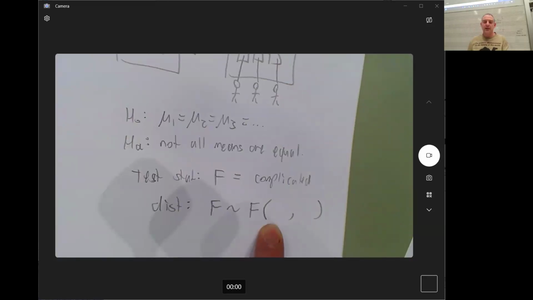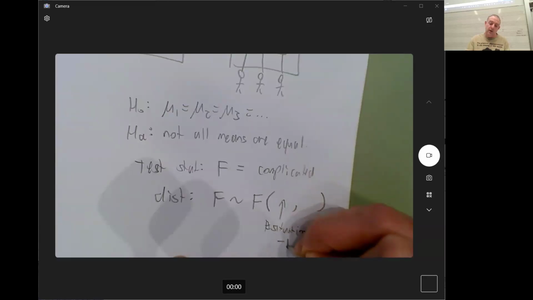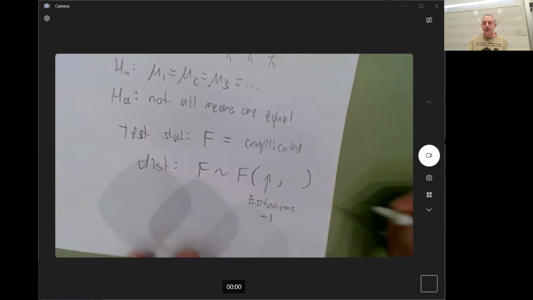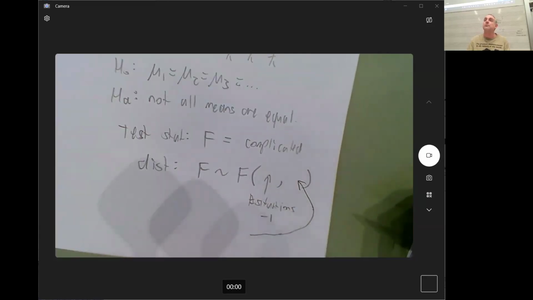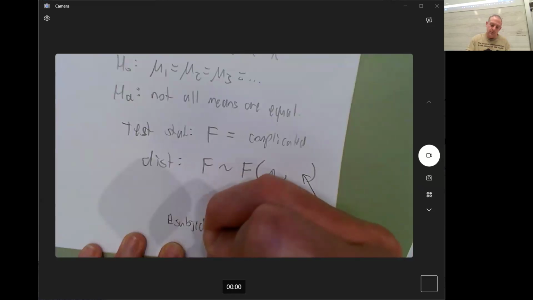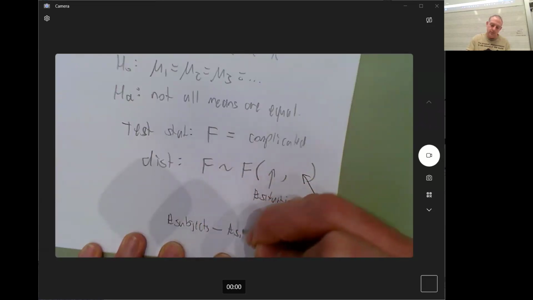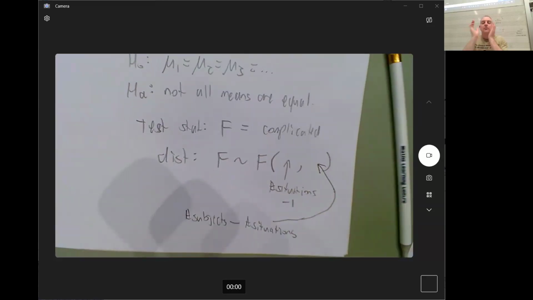One is the number of situations minus one, and the other is the number of subjects minus the number of situations. Some people call the number of situations G for groups. So that is F.